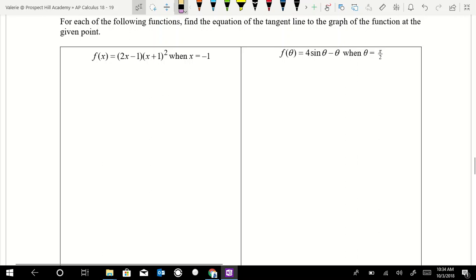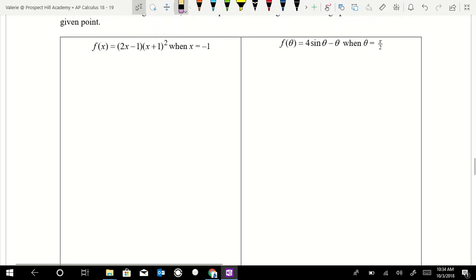This second one, f of theta equals 4 sine theta minus theta, when theta is equal to pi over 2, we're going to do that together. All right, so in order to do that, we need to first find the derivative of all of these things. So when we have a constant up front, we can ignore the constant, and we're just going to multiply that constant by whatever the derivative is of our function.